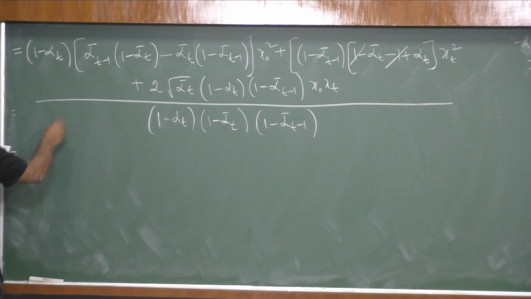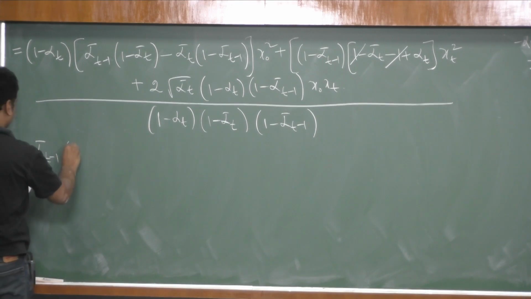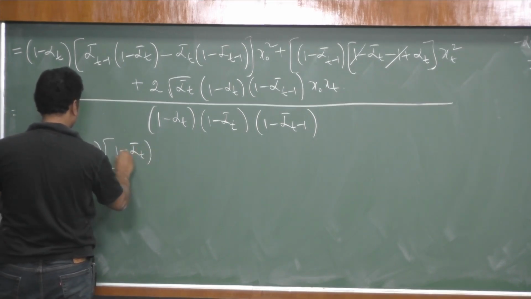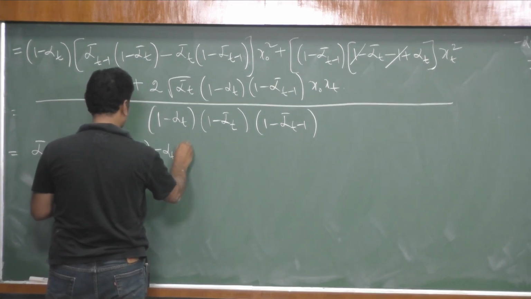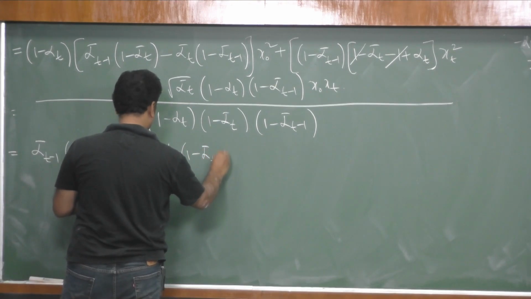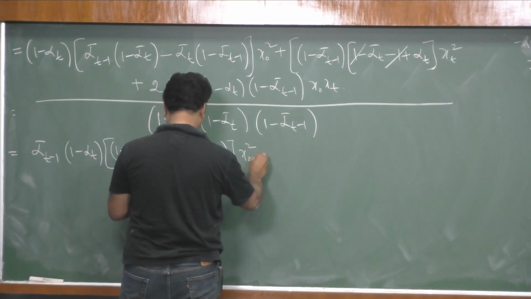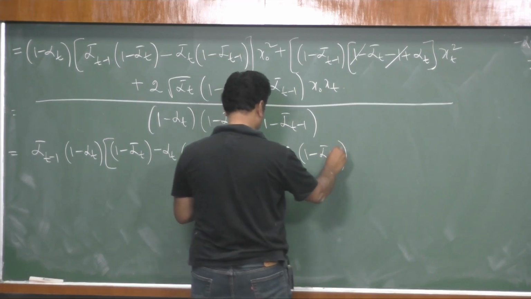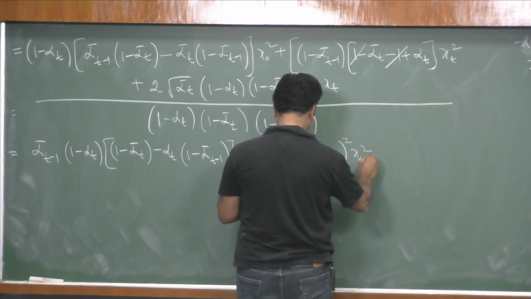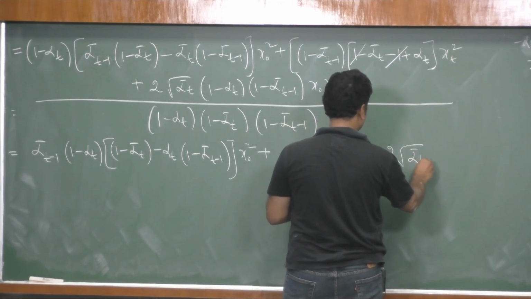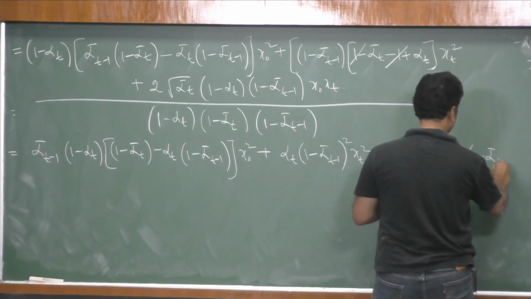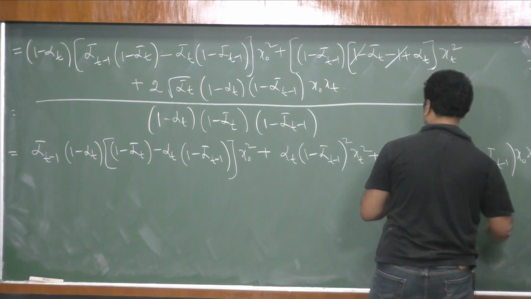So we take alpha bar t minus 1 common, 1 minus alpha t, and then 1 minus alpha bar t minus alpha t, 1 minus alpha bar t minus 1 x naught square plus alpha t, 1 minus alpha bar t minus 1 squared xt squared plus 2 square root of alpha bar t, 1 minus alpha t, 1 minus alpha bar t minus 1 x naught xt.